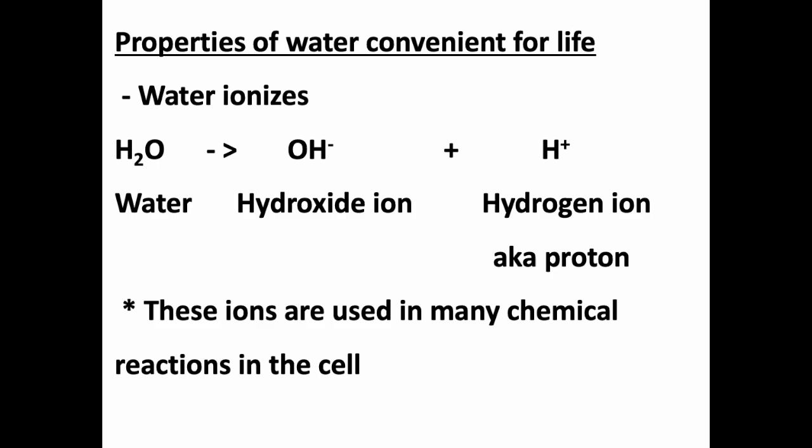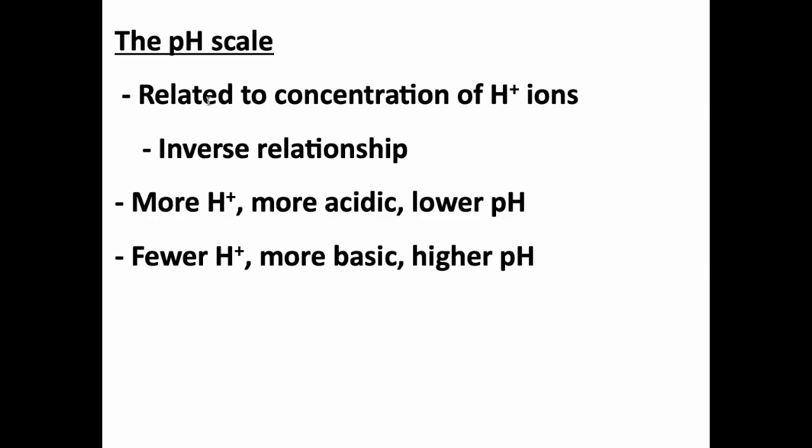So pure water has a certain amount of hydrogen ions in it, but other solutions may have more or fewer of these hydrogen ions, and that's what pH is measuring, the concentration of these hydrogen ions. So the pH scale is related to the concentration of hydrogen ions. Importantly, and somewhat confusingly, this is an inverse relationship.